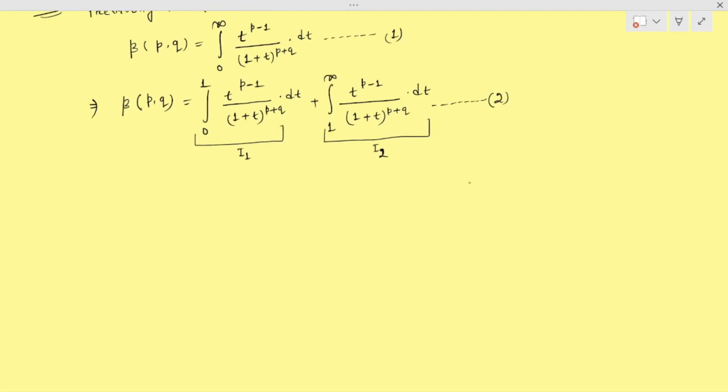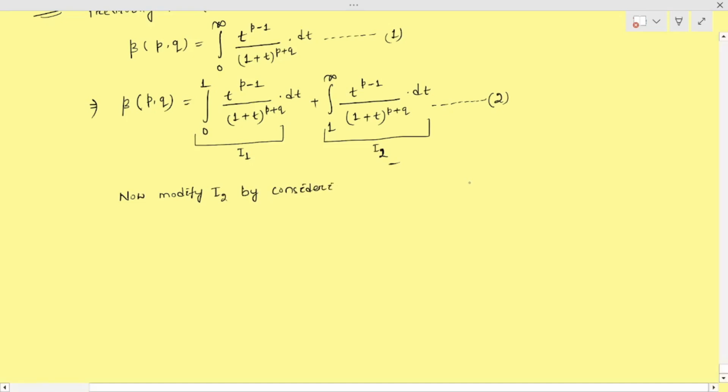Now we are going to modify this integral I2, then we are going to substitute in equation number 2. Modify I2 by considering, instead of t, t equal to 1 by x, that implies dt will be minus 1 by x square dx.